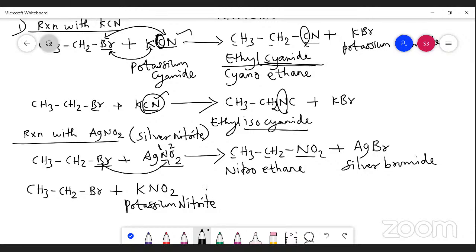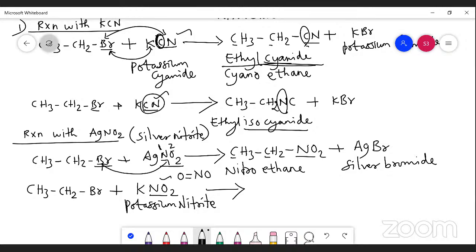Here the attachment is different. See what happened? Instead of nitrogen, oxygen is attached. In the NO2 group, I can write O double bond N-O, which is also NO2. Here the oxygen is attached to the carbon. The nucleophile here is also NO2 minus, but written as ONO.